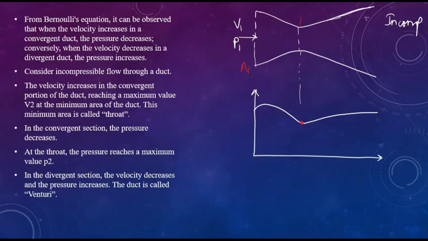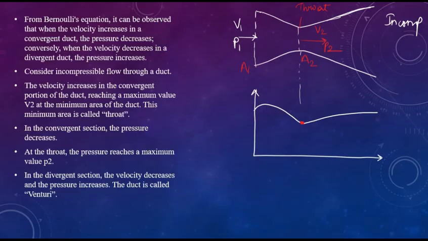So this point is called the throat, and the velocity leaving would be V2 and P2. Here you have the area A2. So I have marked this point over here. What is this point all about? Let us have a look.